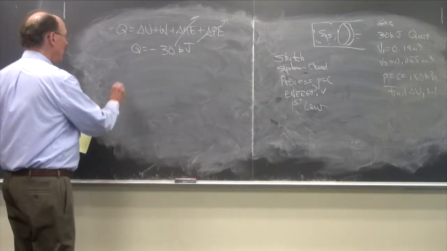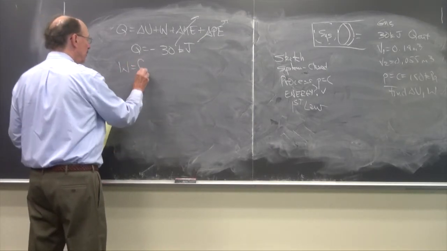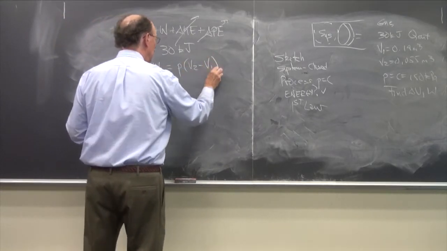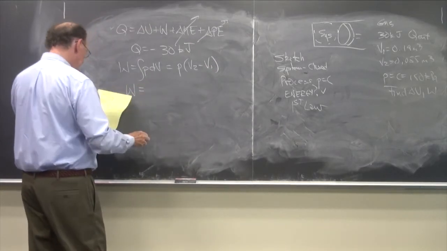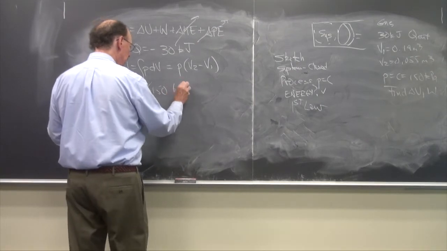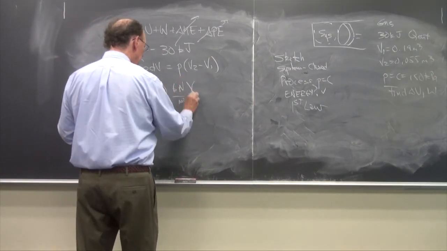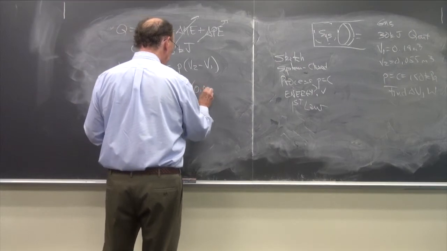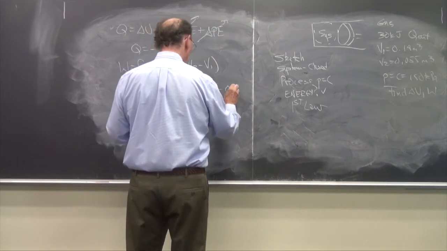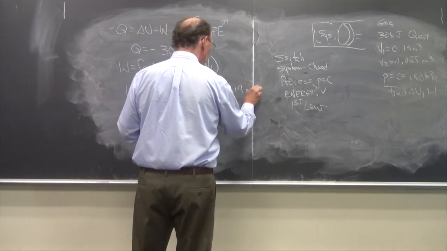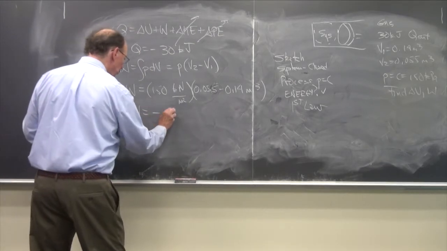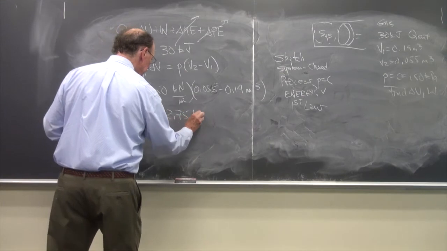Then we want to find the work. The work is equal to the integral of PdV. For constant pressure, it's P times V2 minus V1. So the work is equal to 150 kilonewtons per square meter times 0.055 minus 0.14 cubic meters, where the work is equal to minus 12.75 kilojoules.